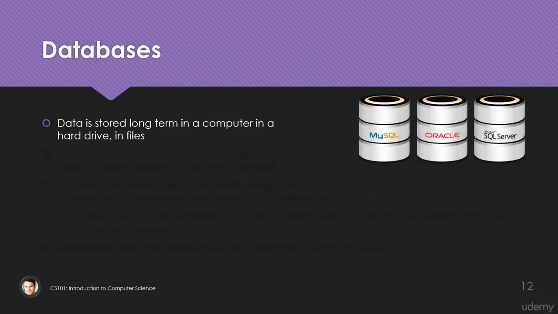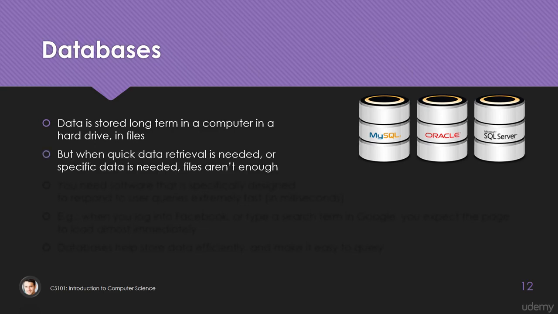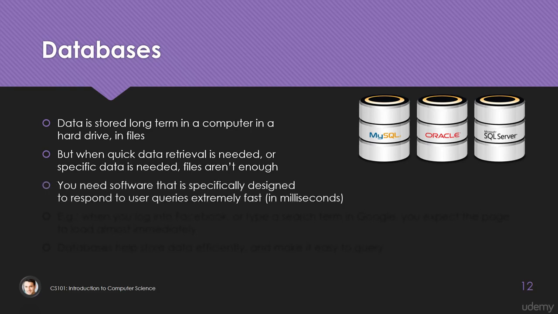In terms of databases, you're probably familiar with files, and you store your photos or video or other things on your computing devices. This is where data is often stored long-term in files. But when you need quick data, like data needs to be quickly retrieved or some specific data, files aren't enough. You sometimes need software that is specifically designed to respond to user queries very fast, in milliseconds or so.